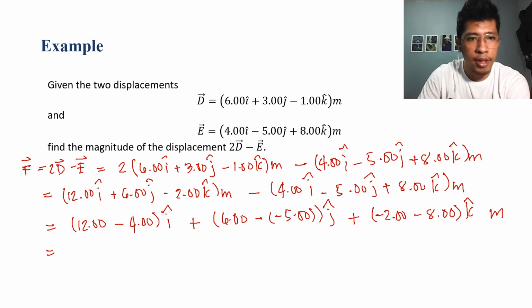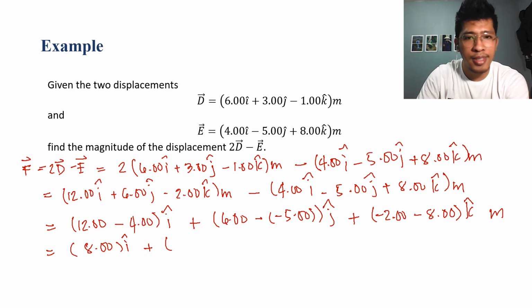Simplifying, you have 12 minus 4, which is equal to 8 i hat, plus 6 plus 5, so 11 j hat, and plus negative 2 minus 8, so you have negative 10 k hat meters. But we're not done yet.